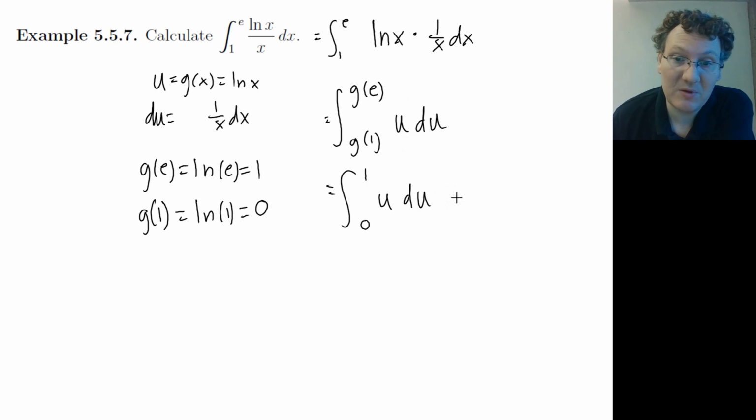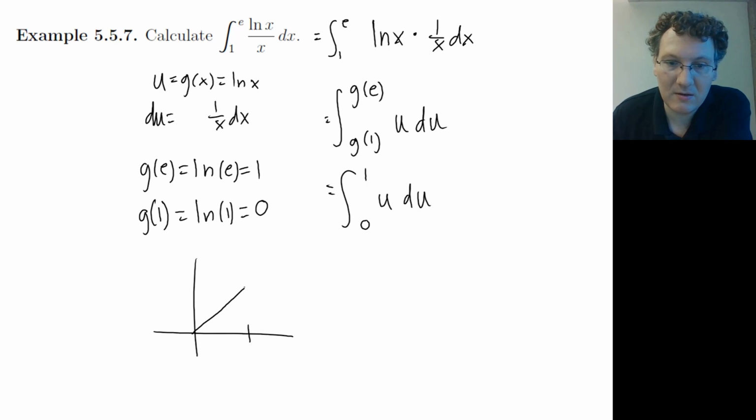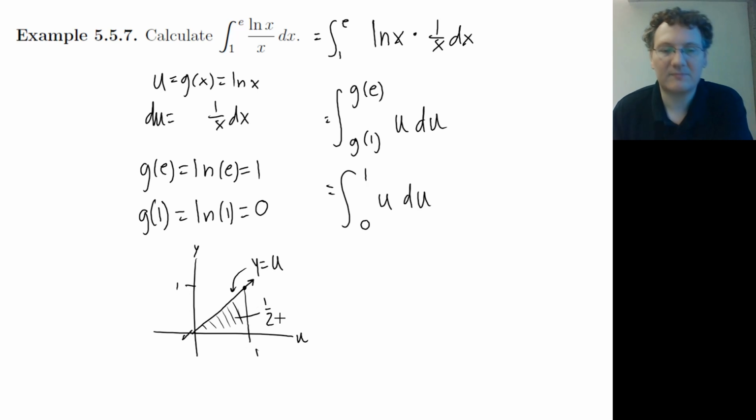Which I know is going to be 1/2 just from a geometric standpoint, right? Because if you have a function, like y equals u, if this is the u-axis and this is the y-axis, y equals u is this line, and the area under here, that's 1/2.